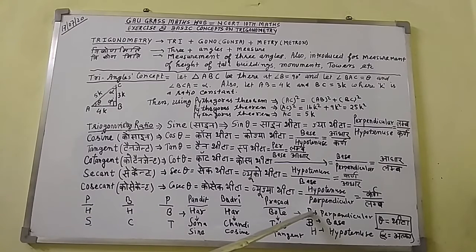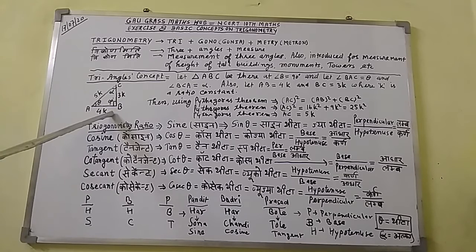Here I have mentioned P equal to perpendicular, B equal to base, H equal to hypotenuse. This is the angle. Theta is a Greek letter, denotes a measurement of an angle. Here I have mentioned alpha. With respect to angle alpha, perpendicular will be AB.